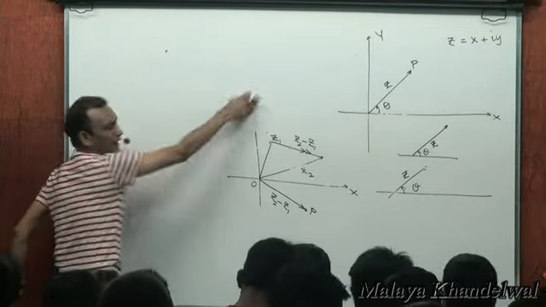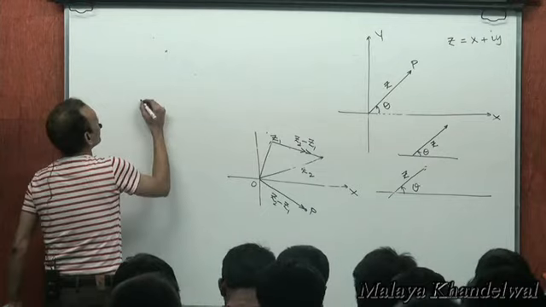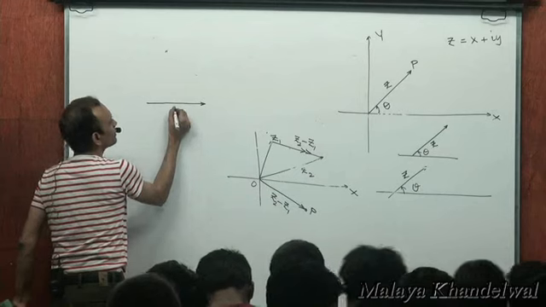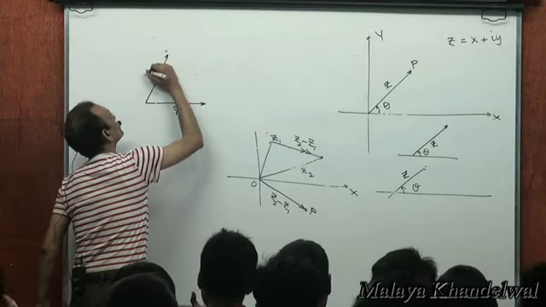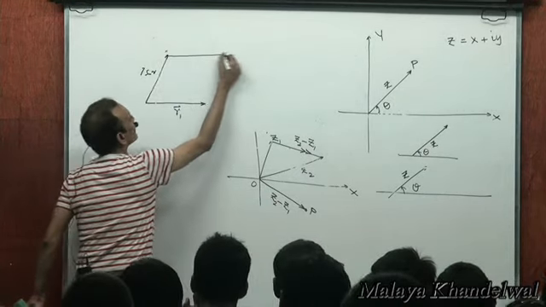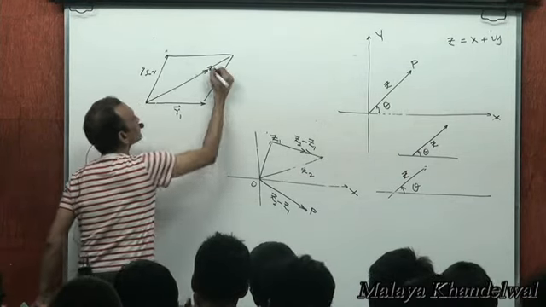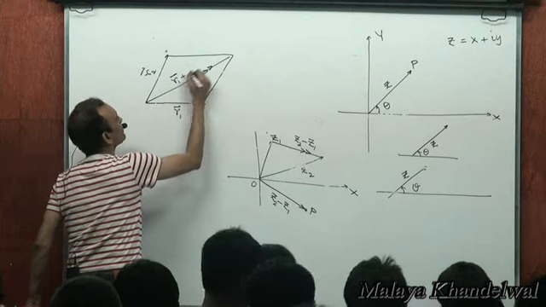I can therefore see, if this was a vector r1 and this was a vector r2, then I could deploy the parallelogram law of vectors. This vector would be r1 plus r2.